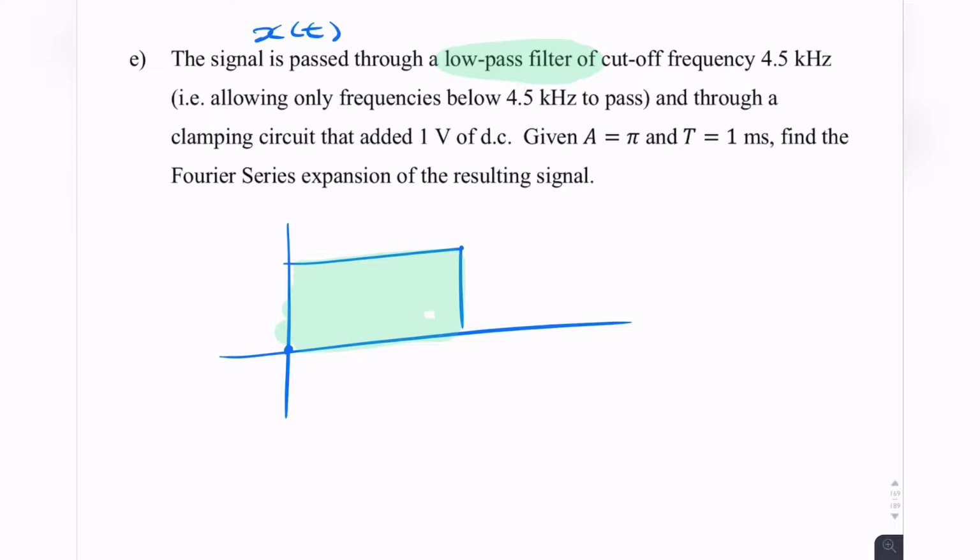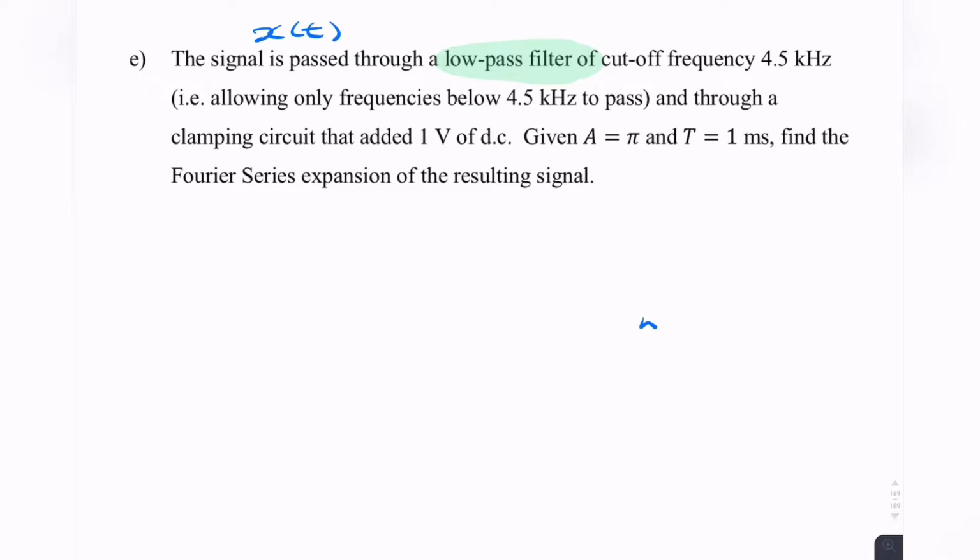So remember, our spectrum looks something like this. That's our spectrum. And it's passing the signal through a low-pass filter, so it's going to allow some components to pass and some not to pass.